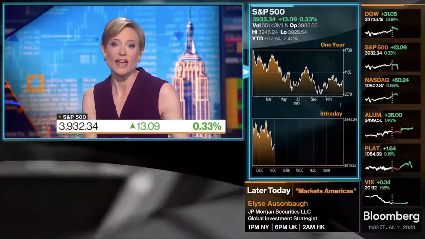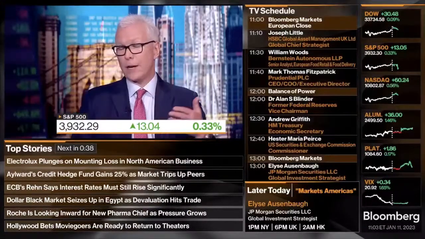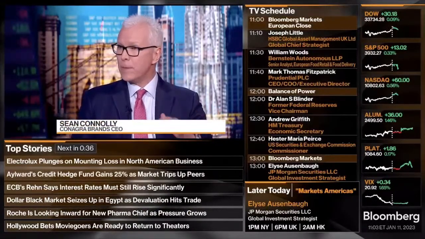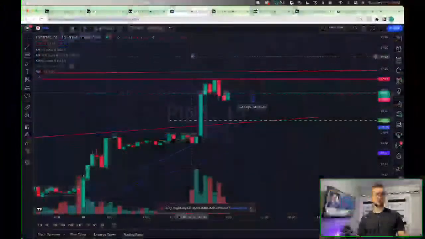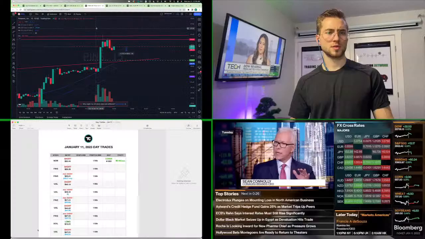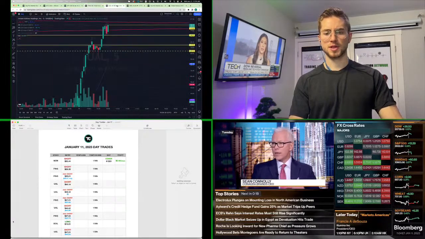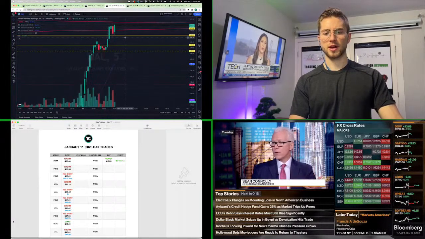UAL is pushing up, retracing most of that candle. UAL's back at the highs of the session, retesting that 47.01 area. Let's see if it can get through that area or if that's resistance.